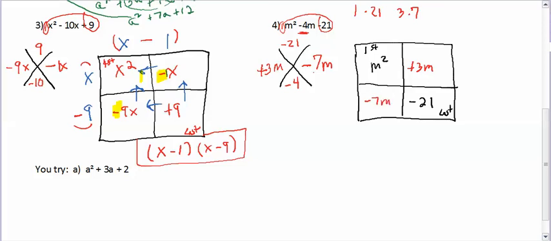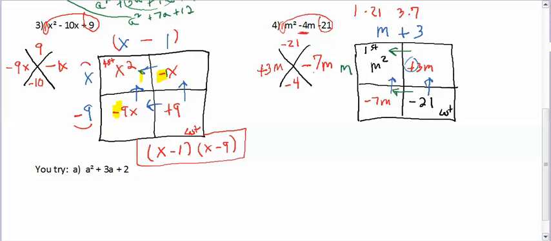Okay, now we're going to factor up. We're going to go, and what number do these have in common? They have a 3. What do these have in common? They just have an m, and my sign is positive, so it's plus here. And then I'm going to go this direction. What do these have in common? They just have an m.